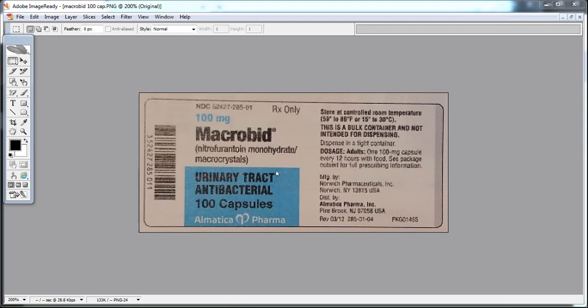Who's the manufacturer? So right here we see manufactured by Norwich Pharmaceuticals. And what is the NDC number? So the NDC number is the set of numbers 5 dash, and usually it's 4 to 3 dash 2 numbers.